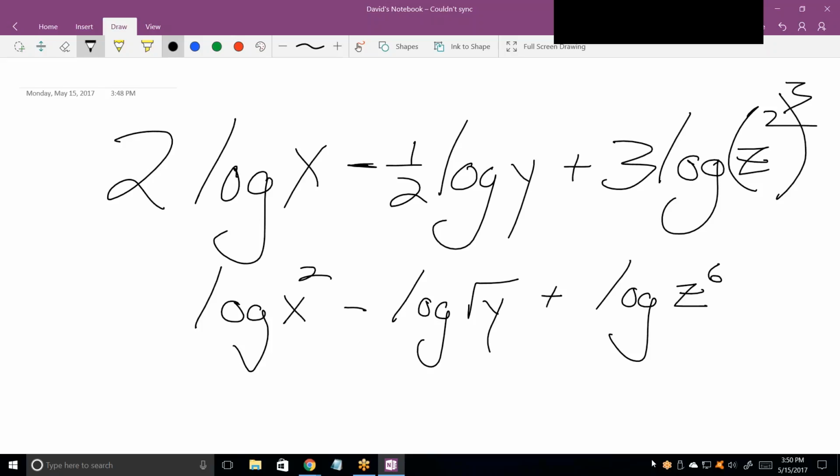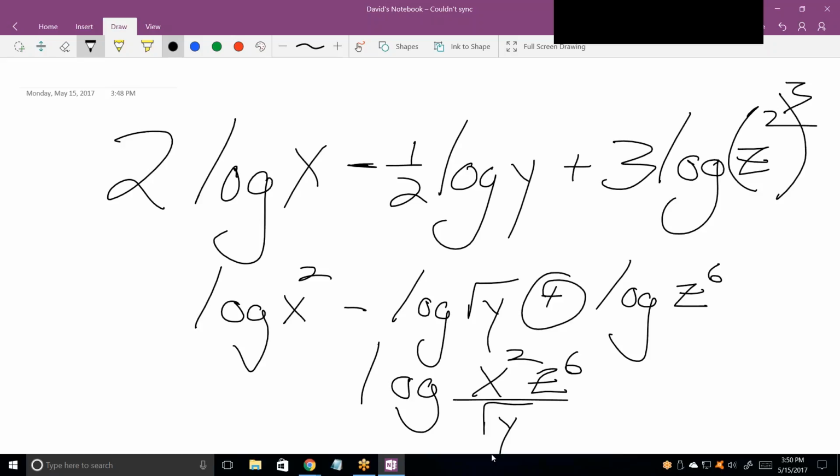Okay. Now you can do the final single expression. The log of x squared over root y times z squared. Does z to the 6th go in the numerator or the denominator? Denominator. No.